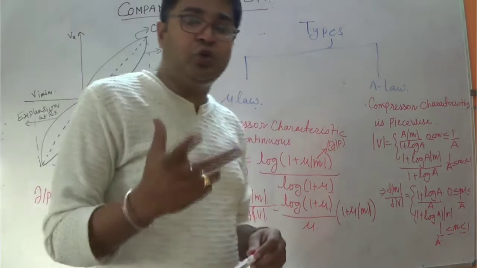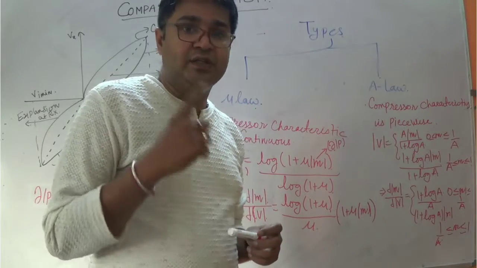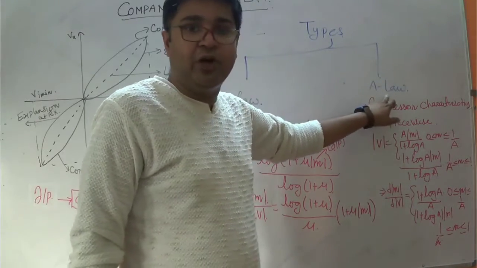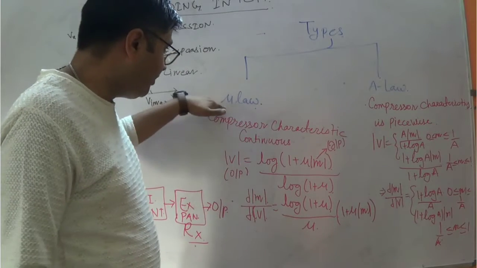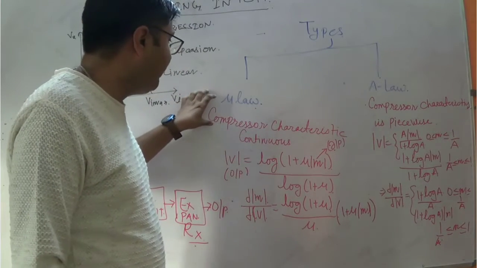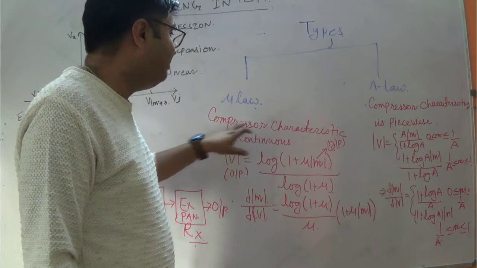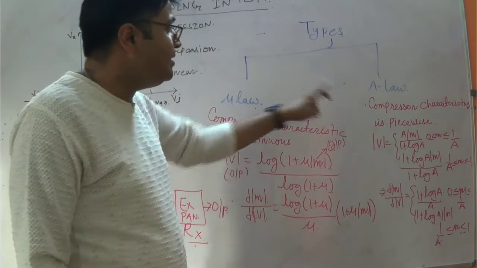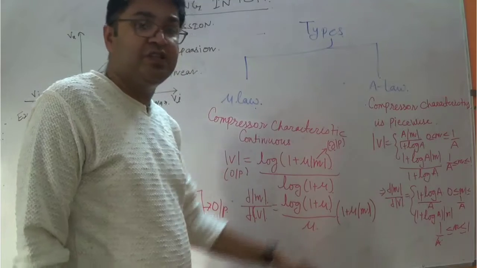Now there are two types of companding. The first one is mu law companding and the second one is A law companding. In mu law companding, the compressor characteristics are continuous, whereas in A law companding the compressor characteristics are piecewise.